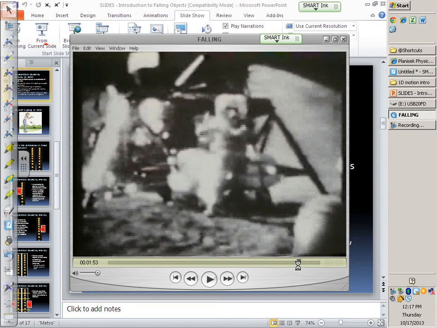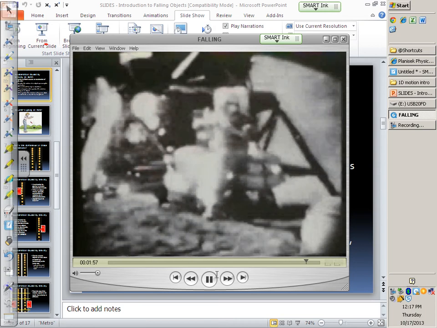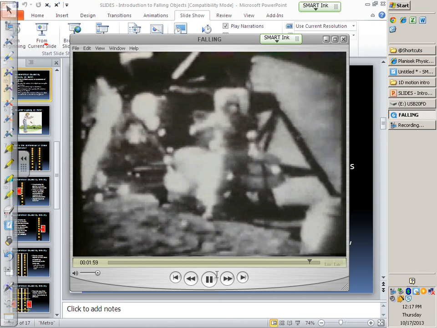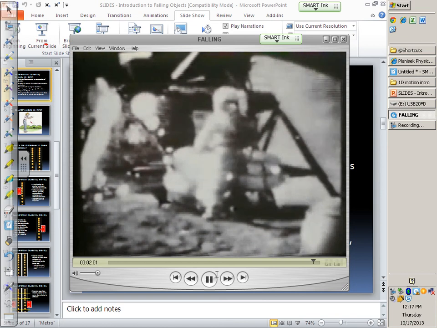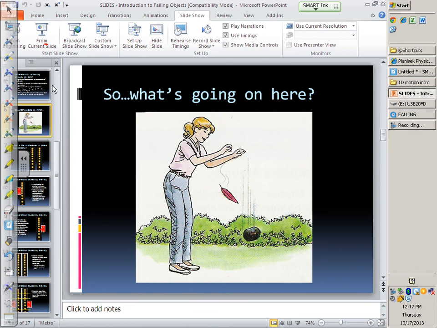But the demonstration that I did, what did you notice about the book that I dropped versus the hammer and the feather? All right, see if I can get a book fast enough to do this.